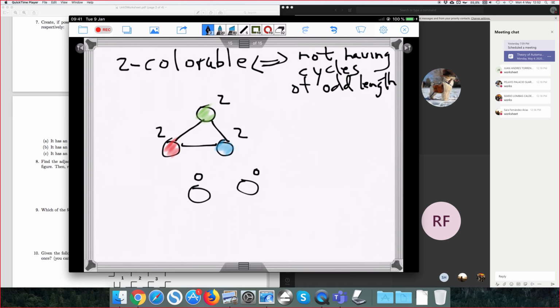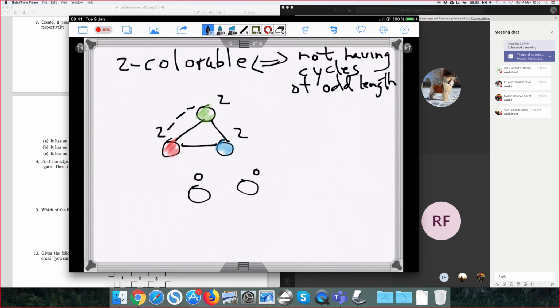In this case, now the graph is Eulerian. But we need a new edge. If we add a new edge, then the degree of 2 of the vertices will increase in 1 unit.